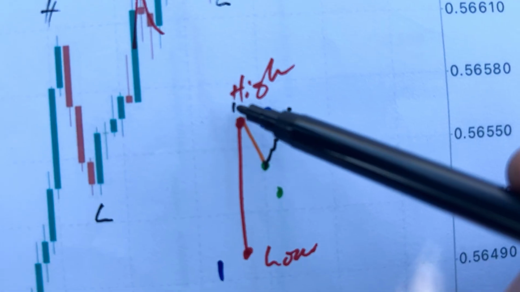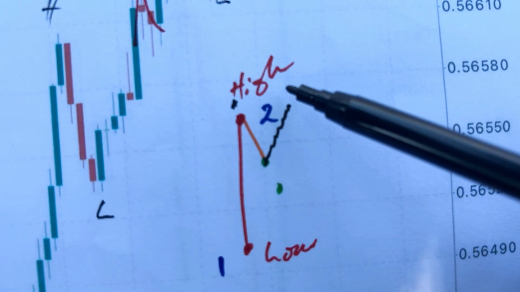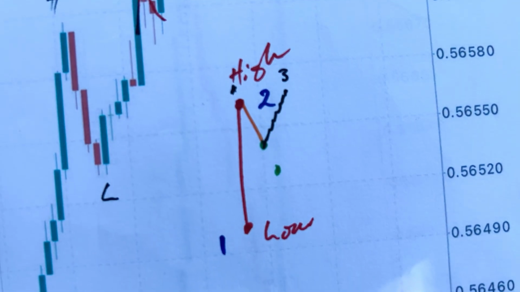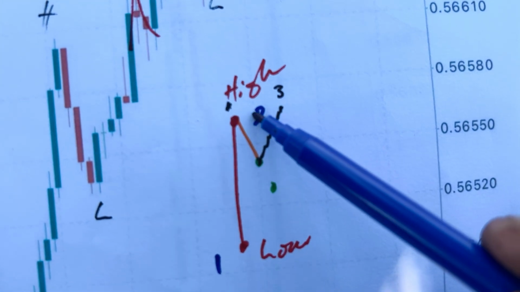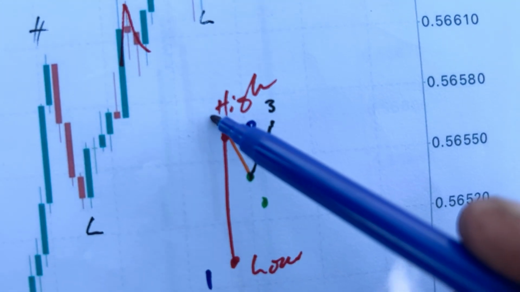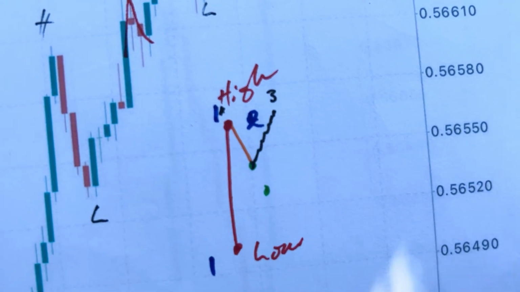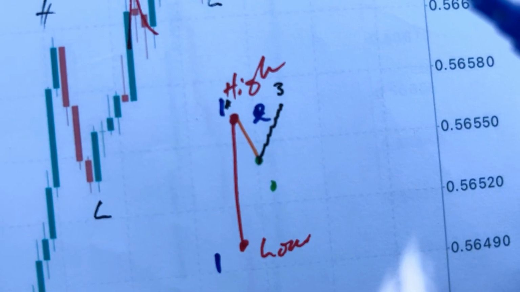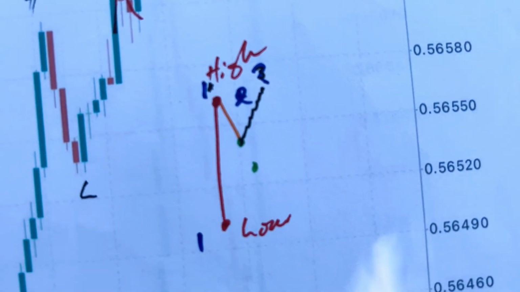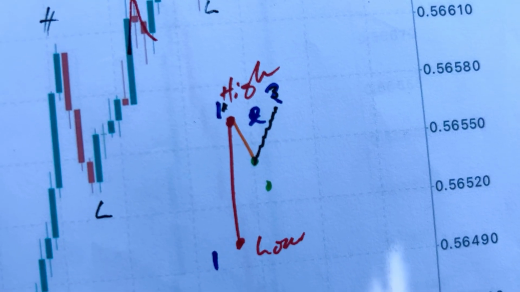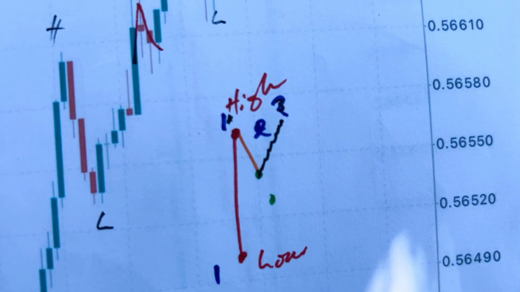Let's just continue with number 2. Or we can make it easier for someone who might be confused. Let's say this is our number 1 also. This is 1-1, because we have one movement going up, which is 1-1. Now this movement is number 2. Number 2, this is where the breakout will take place.